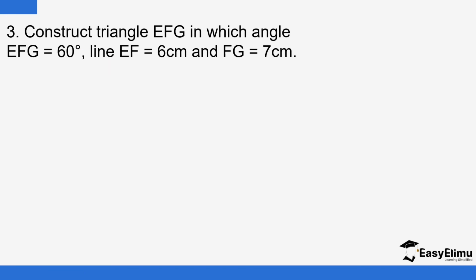So construct triangle EFG in which angle EFG is 60 degrees. So first of all, you mark E, and then you measure 6 centimeters to F. So this is E. And then from E to F is 6 centimeters.